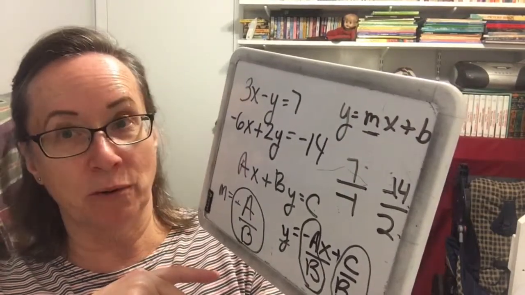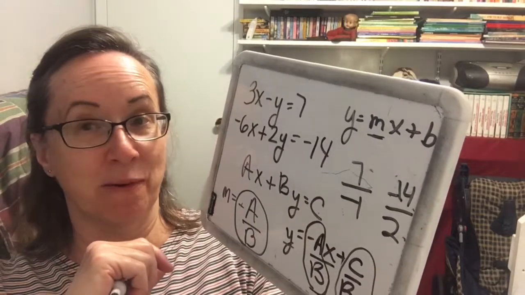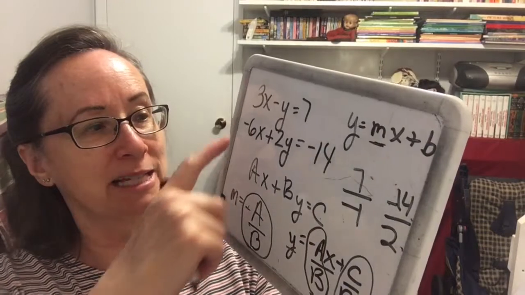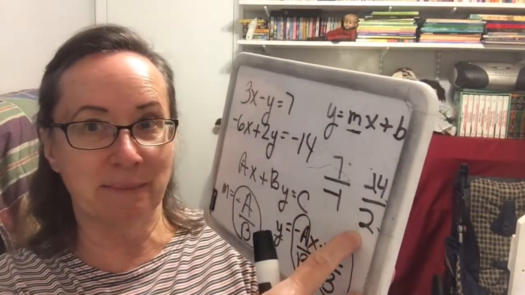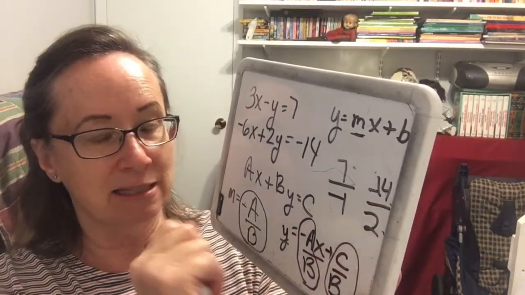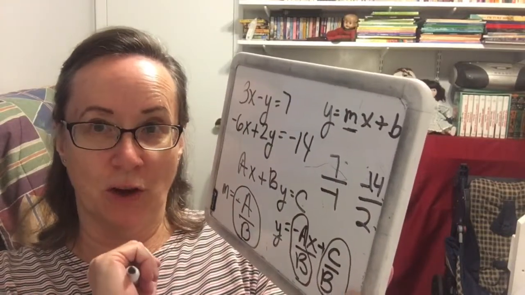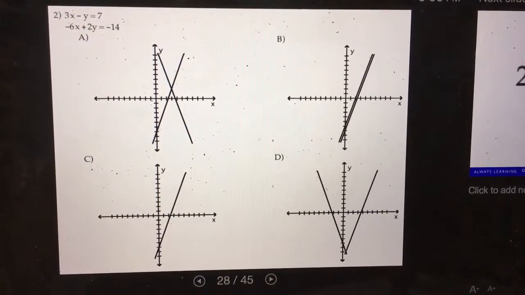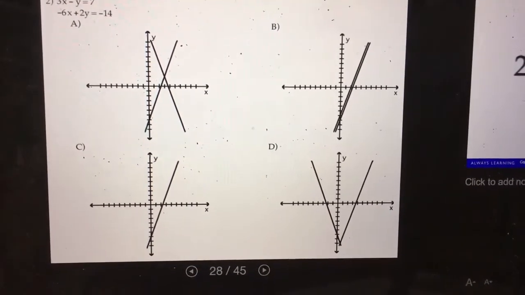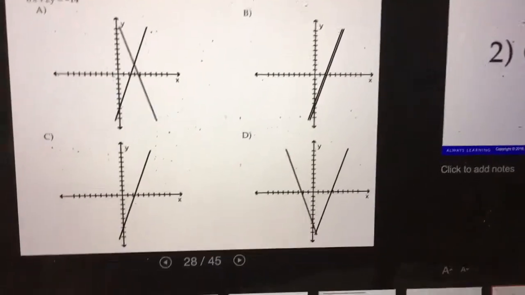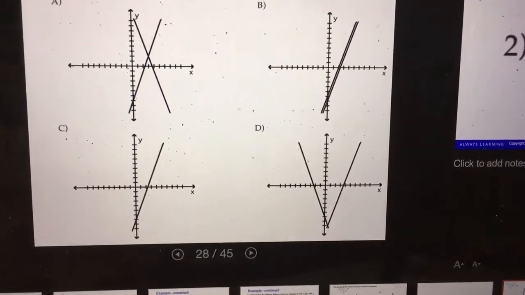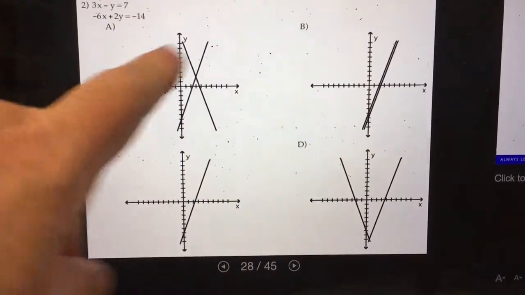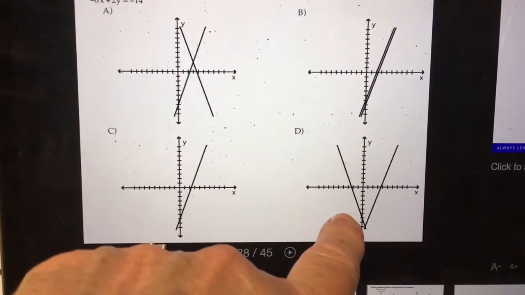So we don't have to graph both lines. They are the same line. We already know it's got a y-intercept of negative 7 and a slope of 3. So which one of these has a y-intercept of negative 7 and a slope of 3 and looks like it's the same line? A is definitely not the same line, and D is definitely not the same line.